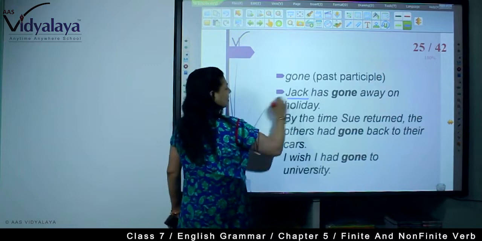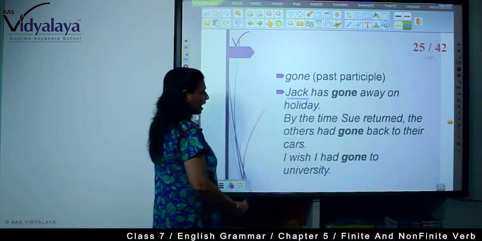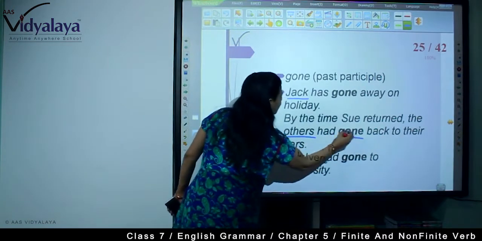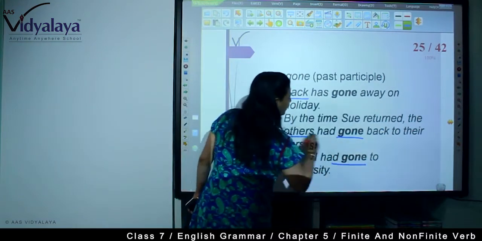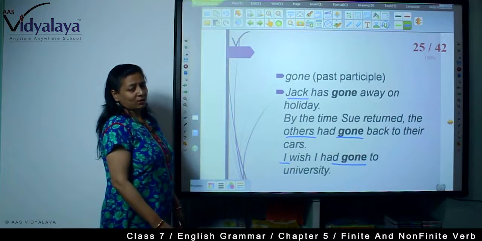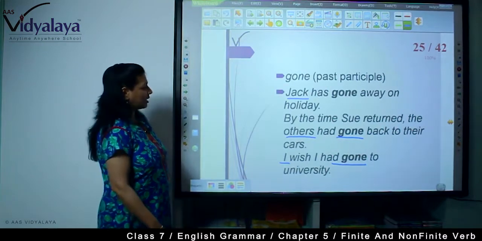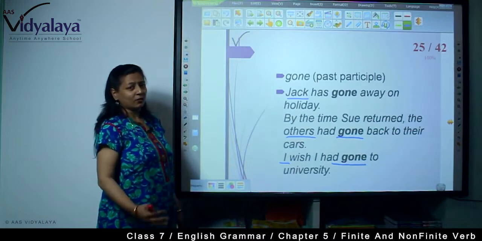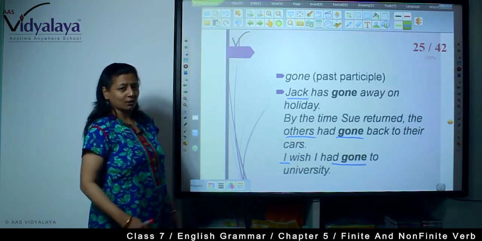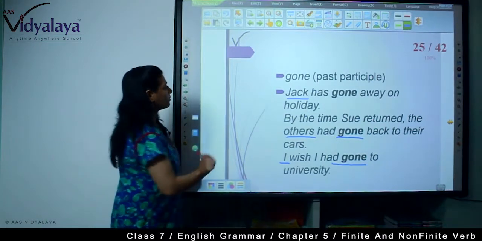Jack is singular. Others had gone. Same gone is there. I wish I had gone. With the participle also we are not seeing any change with the number and the person. So you are seeing non-finite verbs don't change according to the number or the person.